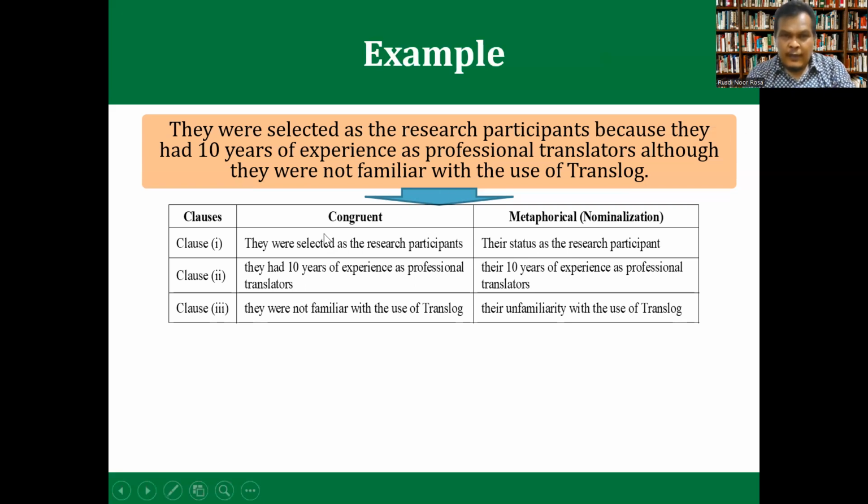So the clause they were selected as the research participants has the same meaning as the phrase their status as the research participant. And the second clause, they had 10 years of experience as professional translators, is changed into the phrase their 10 years of experience as professional translators.